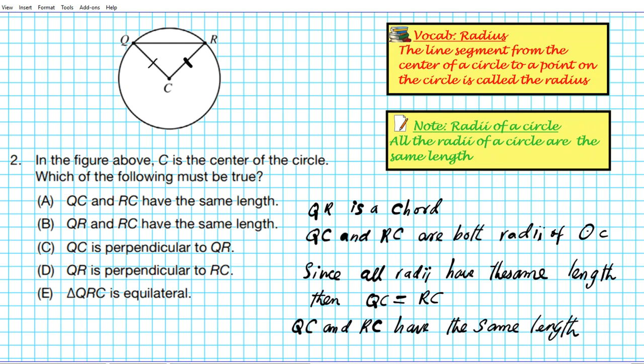If you want to know what must be true, you have to go with what you're given. And the only information we're given here that we know for certainty is that QC and RC are both radii, and since they're both radii of the same circle, they must have the same length. So the answer to question 2 is option letter A.